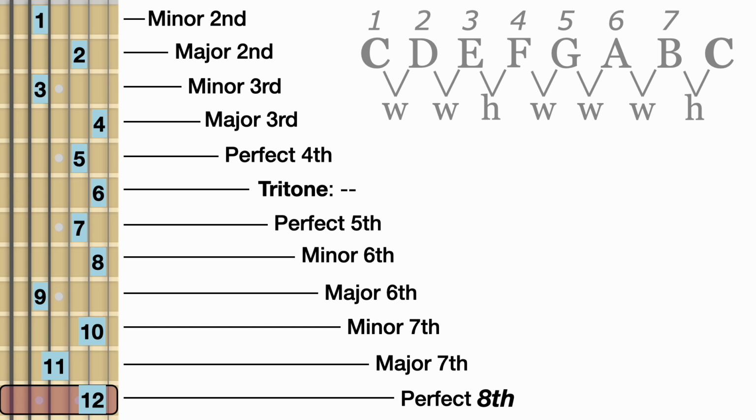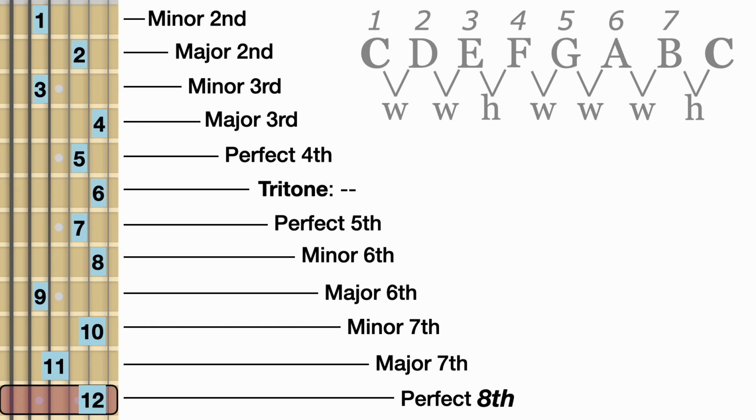So now what we do need to look at is our second degree. And our second degree, being the D, means it is either a minor or a major. We don't know which one yet, but we do know it's a second. Same thing with E. It's our third degree, so we know it's a major or minor third, but we don't know which one yet. And our fourth, again, for now, the fourth is a perfect fourth.